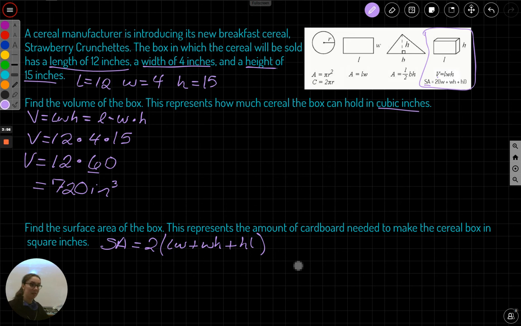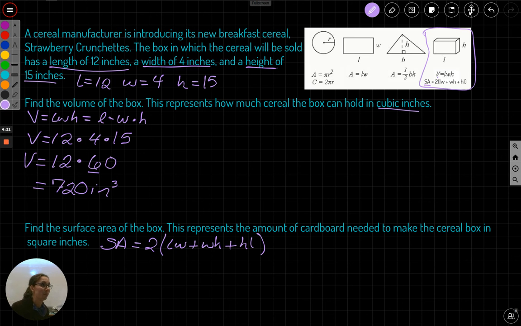Like this T box. It has 6 sides. 2 on top, 2 on these sides, and 2 over here. 6. These sides here on the side are the same, these sides here are the same, and these sides here are the same, which is why we're multiplying all of them by 2. So 2 times length times width plus width times height plus height times length.